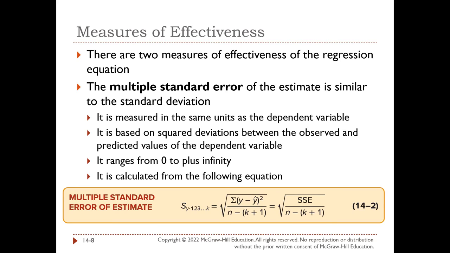One is the multiple standard error of the estimate, which is similar to the standard deviation. Okay. It is measured in the same units as the dependent variable. It is based on the squared deviations between the observed and the predicted values of the dependent variable. It ranges from 0 to plus infinity.